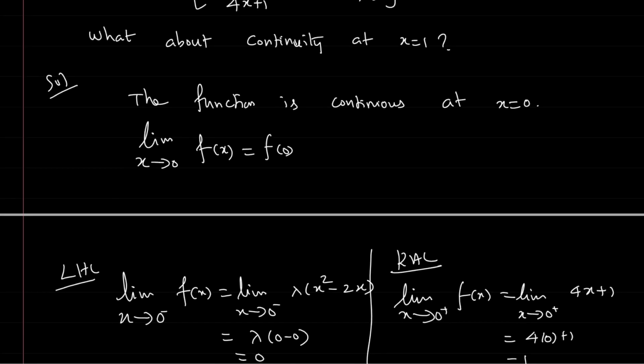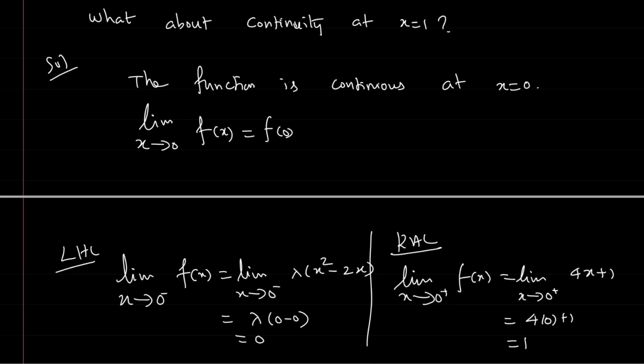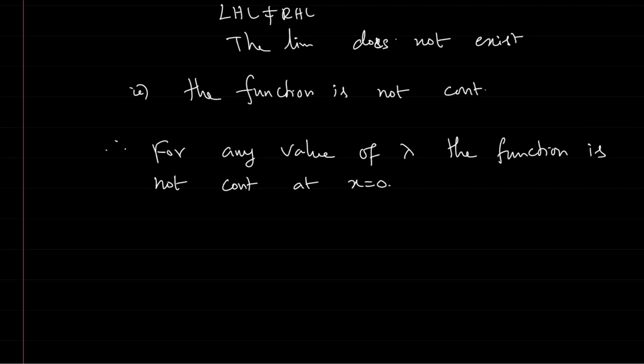Now one more question is there. What about the continuity at x equal to 1? Okay, so the second one, let us assume the function f is continuous at x equal to 1.